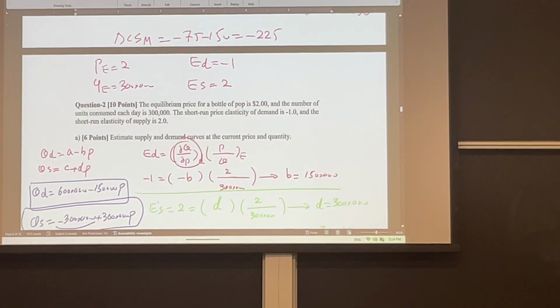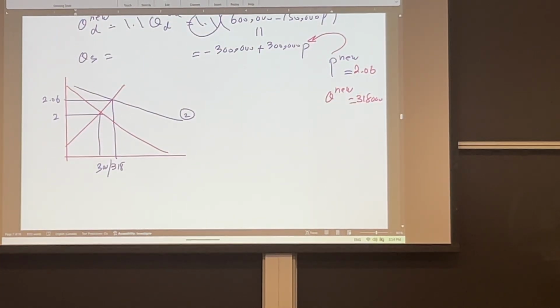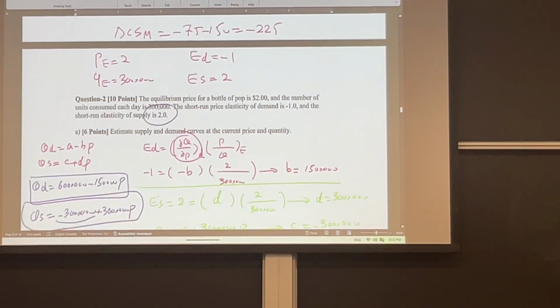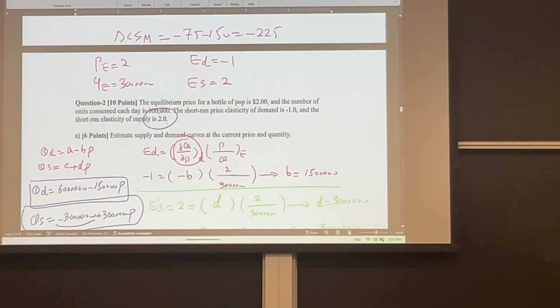Because the supply is elastic. Elastic supply means the quantity reacts more than the price. You can see there, right? The quantity goes up by 18,000. That's a lot of change, right? The price goes up by just 6 cents. Percentage-wise, the price does not react much because the supply is elastic. The more elastic supply is, the less price reacts.